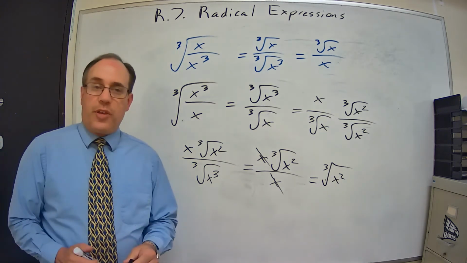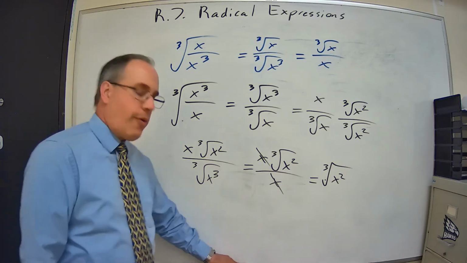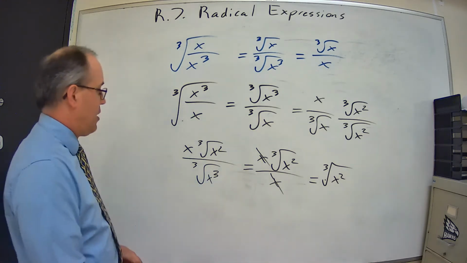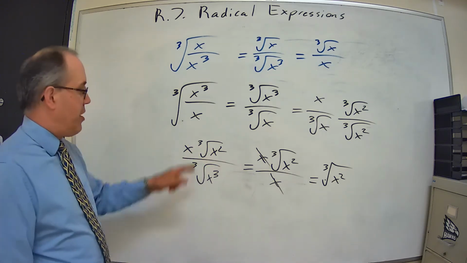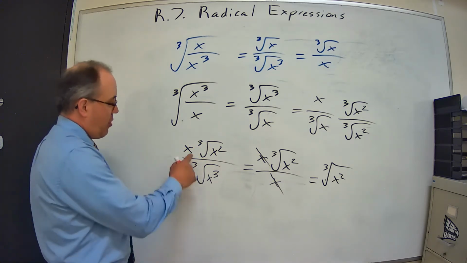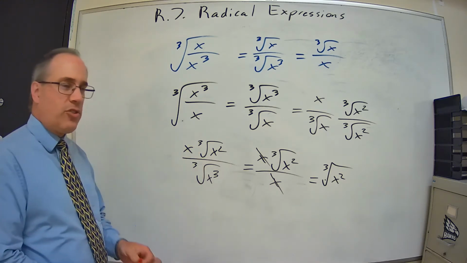Now let me bring something up that you might have caught as I did this. We have to be very careful when we're dealing with indices, or the index here, right? Because notice how when I wrote it like this, I accidentally stated that as x cubed.